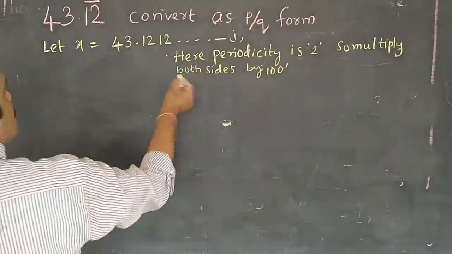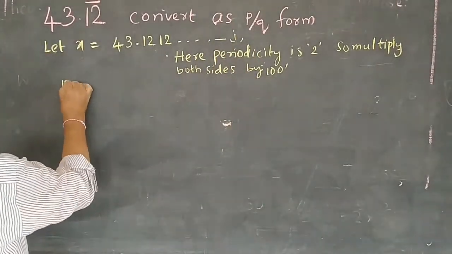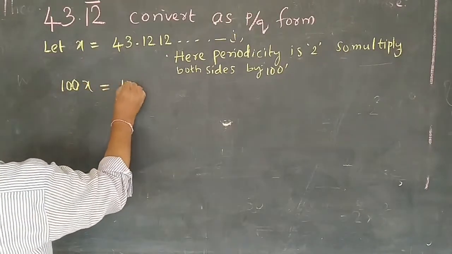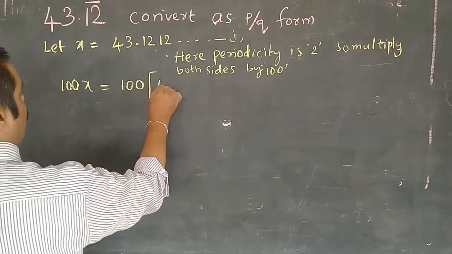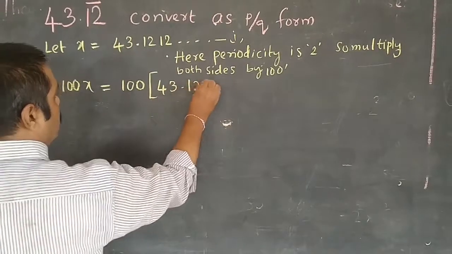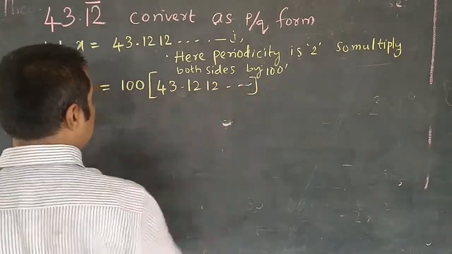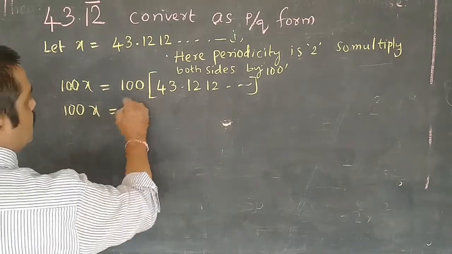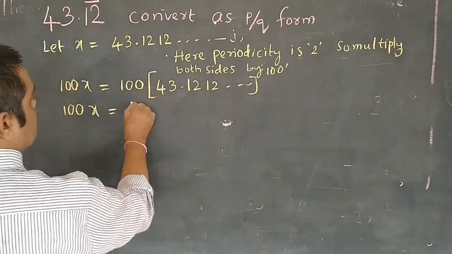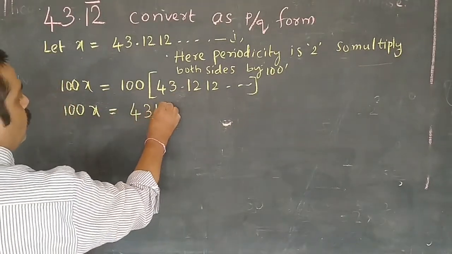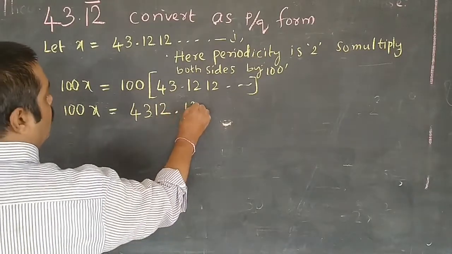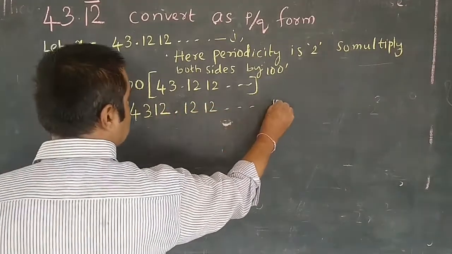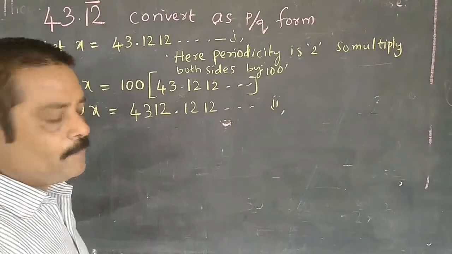This is the first equation. And for the second equation we have to multiply by 100. Means 100x is equal to 100 into 43.1212, and so on. So what happened here? This is 100x. Here 2 zeros means the point shifts 2 digits, so 4312.1212. It is repeating. This is the second.